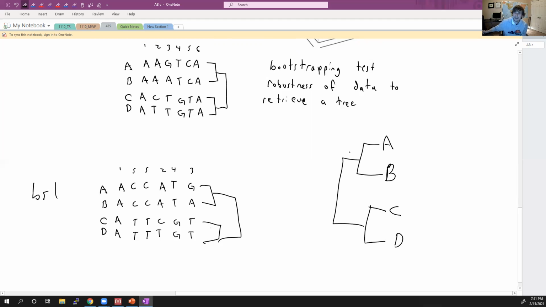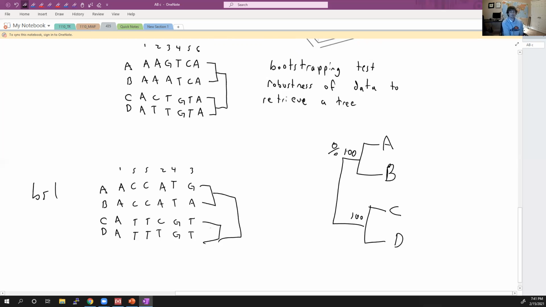And then we may see percentages at these nodes. So we may see 100% there and 100% there, because no matter how many times we bootstrap this, we kept seeing these sequence relationships in all of our bootstrap replicates. And so this will usually reflect a percentage.